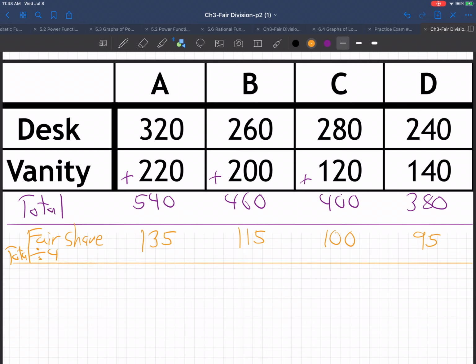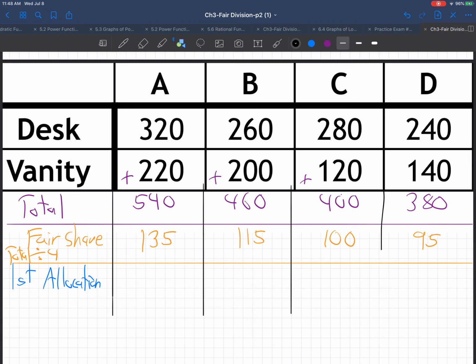Next, we have to do the first allocation. So let me bring these down. So the first allocation. How much is this going to be?